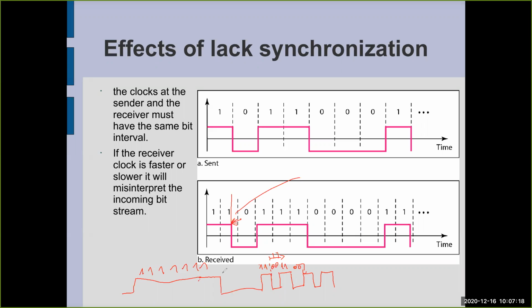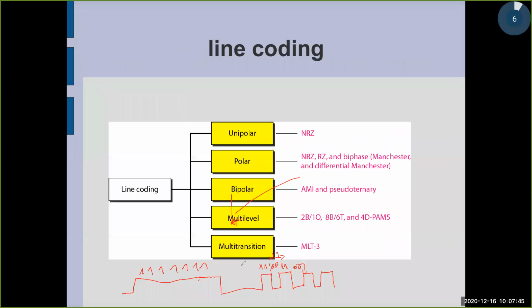So if we know or estimate that the synchronization error is 1 nanosecond and the bit duration is 10 nanoseconds, we require a 1 bit change per 100 nanoseconds. If not, okay, errors will be generated.